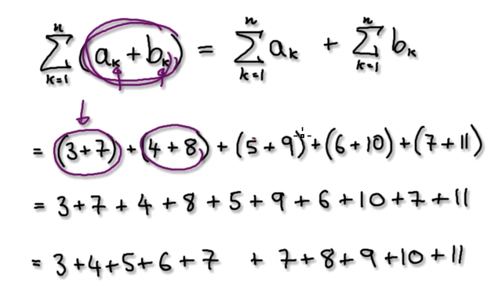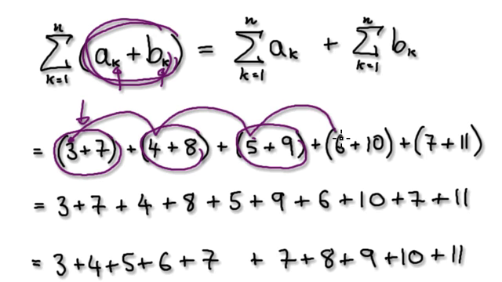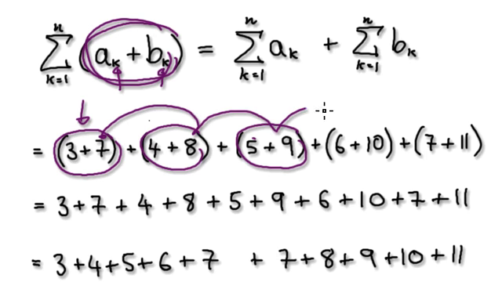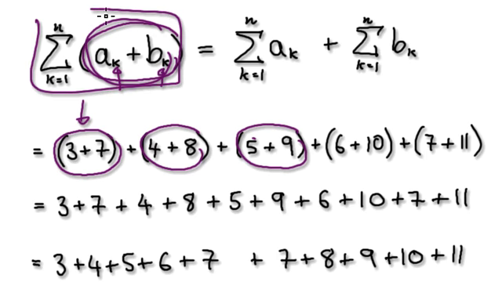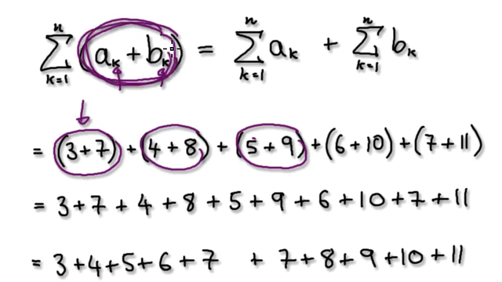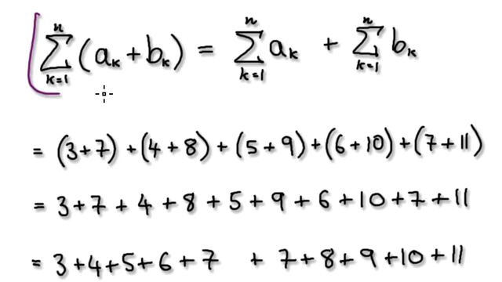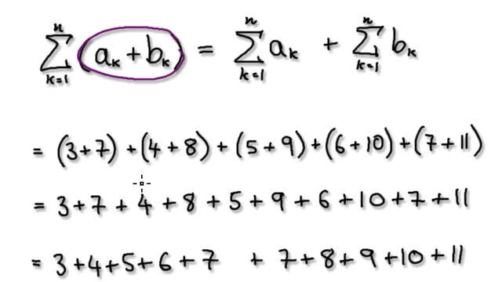So this here would be 5 and a 9. Can you see 3, 4, 5, 6, 7, and so on, and this one here is 7, 8, 9, 10, and so on. When you read this, you have to increase it in pairs.